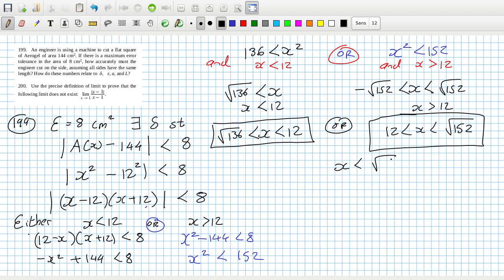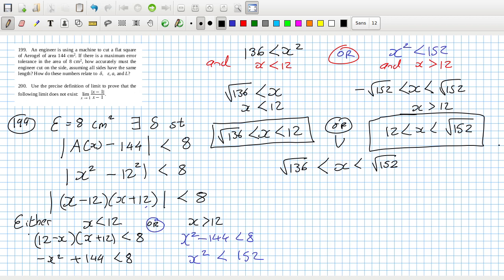So x has to be less than root 152. And if it's just a little bit less, then it'll fall into this one. Basically, the or here in combining the inequalities is a union. So we're just putting these two together. So we would get this then as the inequality.